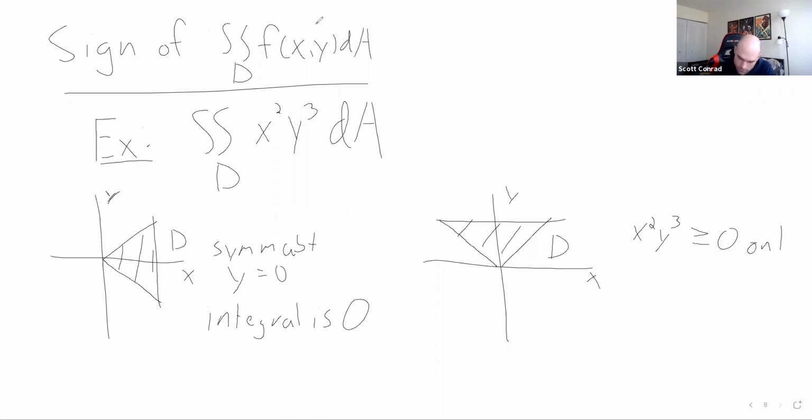So our function's positive on this entire region, right? So if it's positive on the entire region, then the integral is going to be positive. Right, so our integral is going to be positive in this case, because it's either 0 or greater than 0 on the entire region of integration here.